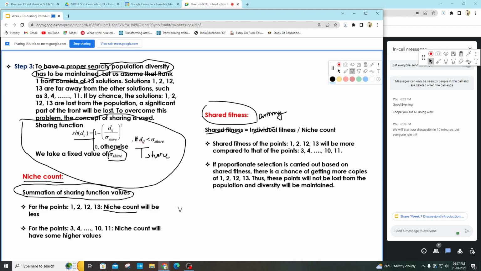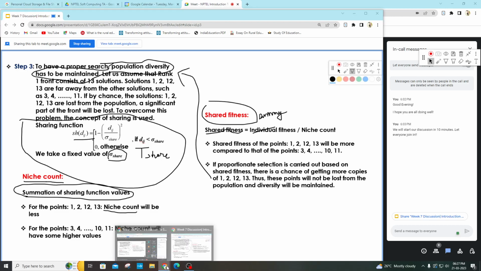So sharing fitness will be more for these points, and they will have more copies in the mating pool. By this, our problem of population diversity will be solved. So this is the concept of sharing fitness. Is this clear?